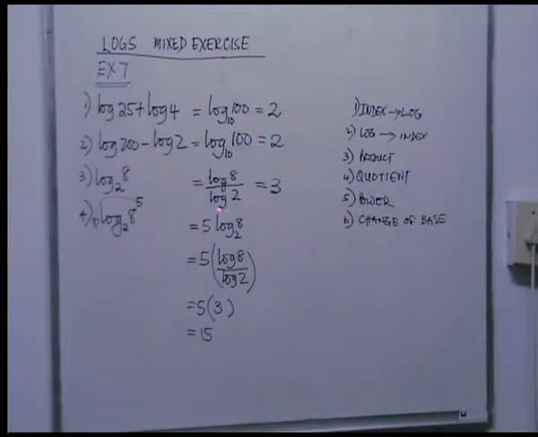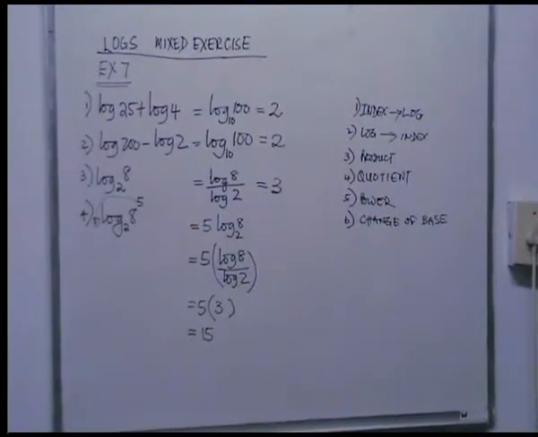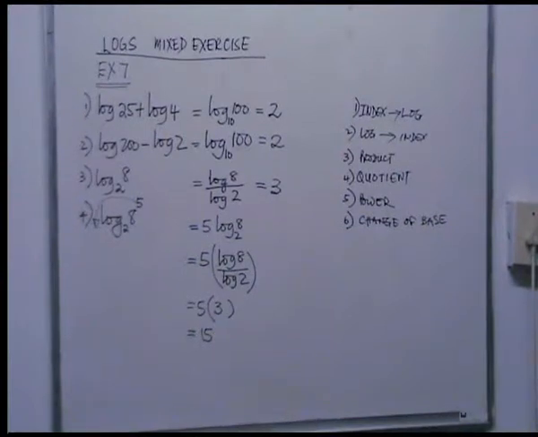Firstly, you used the power law and brought the 5 to the front. Then secondly, you did change of base on this part. Then you use the calculator to help you to get log of 8 divided by log of 2. You got the answer 3. Then 5 times 3 gives you 15.